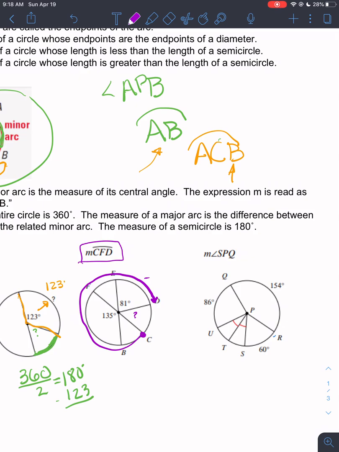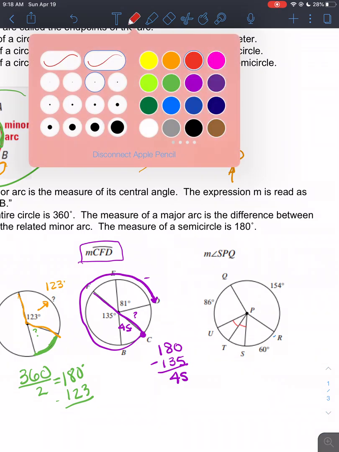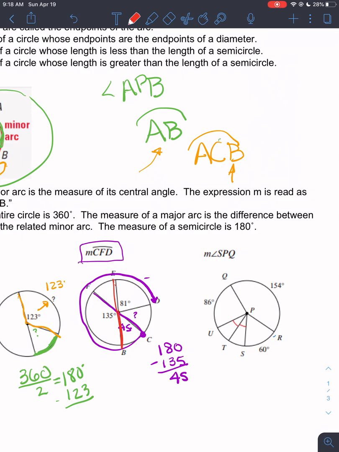Again, we know that half of a circle is 180 degrees. So if I take 180 minus 135, it looks like our missing piece here is 45. Again, we know half of a circle is 180.